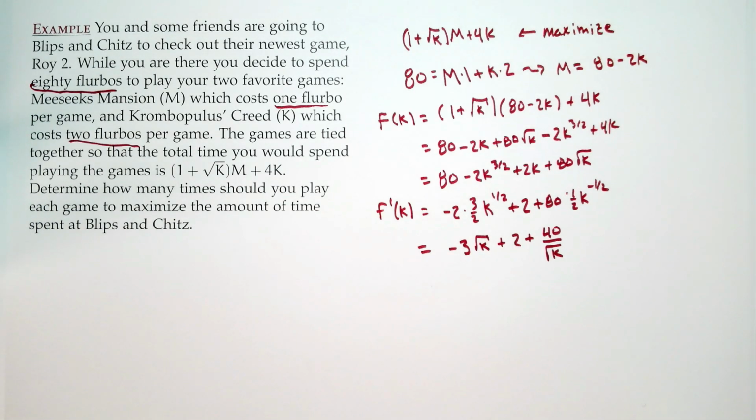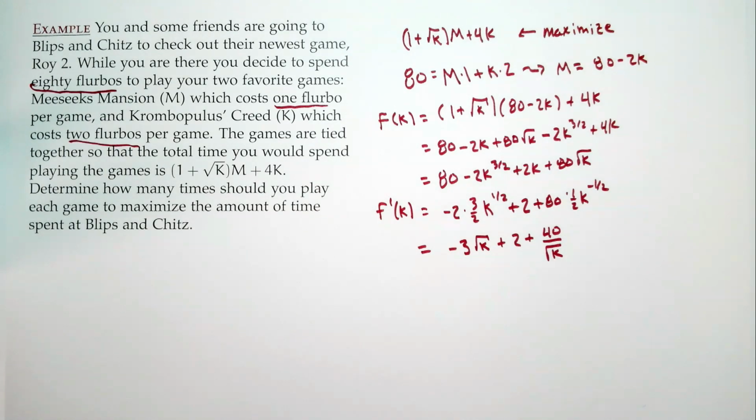Now, at this point, it's not so obvious what to do, because it's not clear where the algebra goes. We certainly can see that when k equals 0, we're going to have an issue. When k equals 0, that would say you should just play only Meeseek's Mansion, and we'll spend 80s. We'll go check to see what happens when k equals 0. But what can we do?